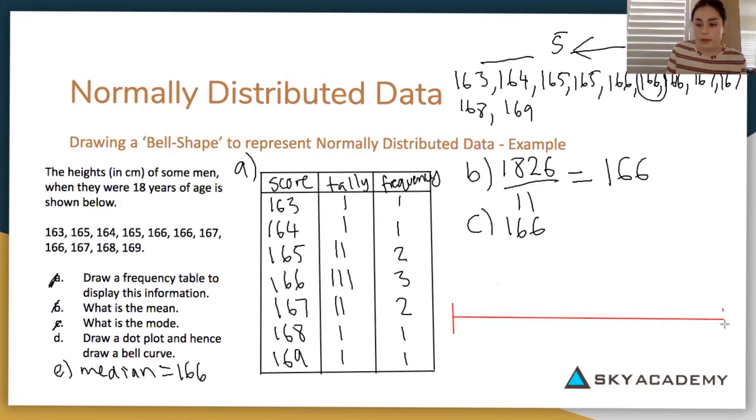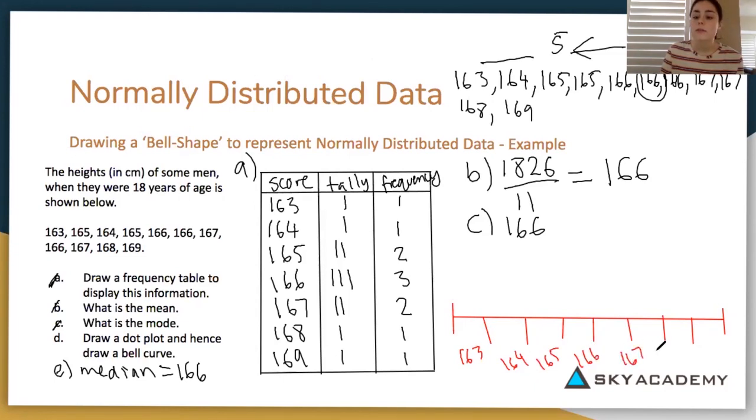So 166 can go in the middle. Then we have 167, 168, 169, 165, 164, 163. Okay, and now I'm going to write those in. 163, 164, 165, 166, 167, 168, 169.